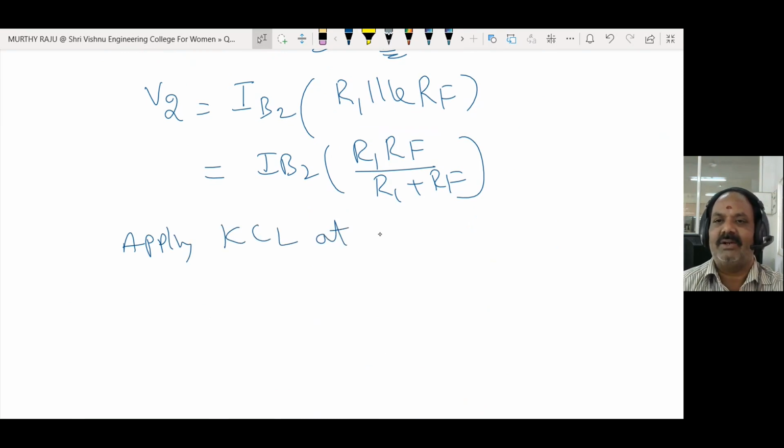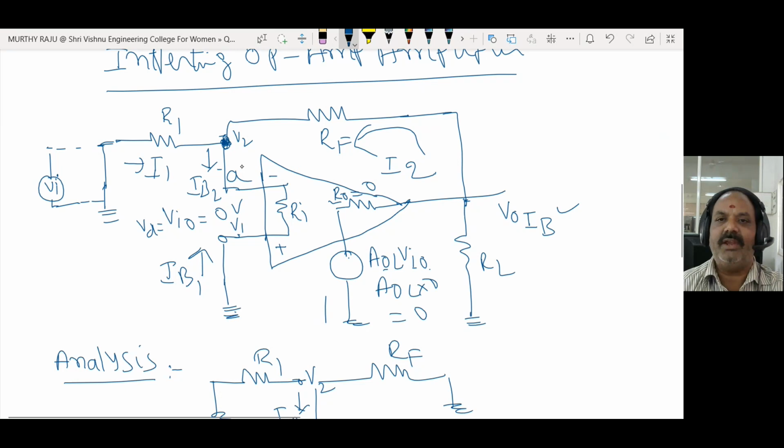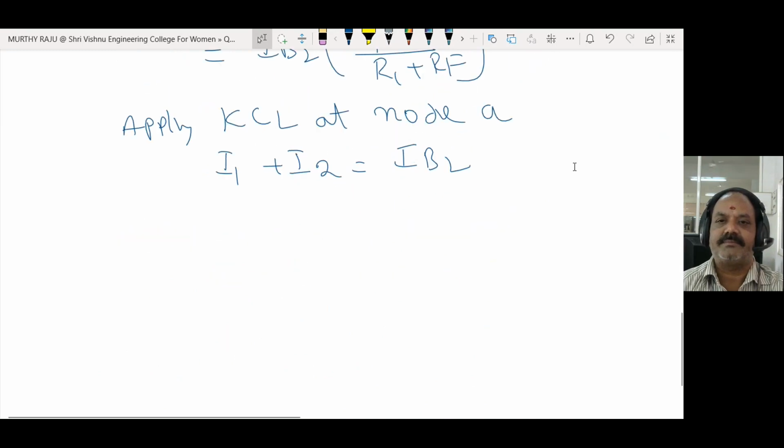It means I1 plus I2 is equal to IB2. The voltage at node A is V2. Therefore, I1 is equal to 0 minus V2 by R1.